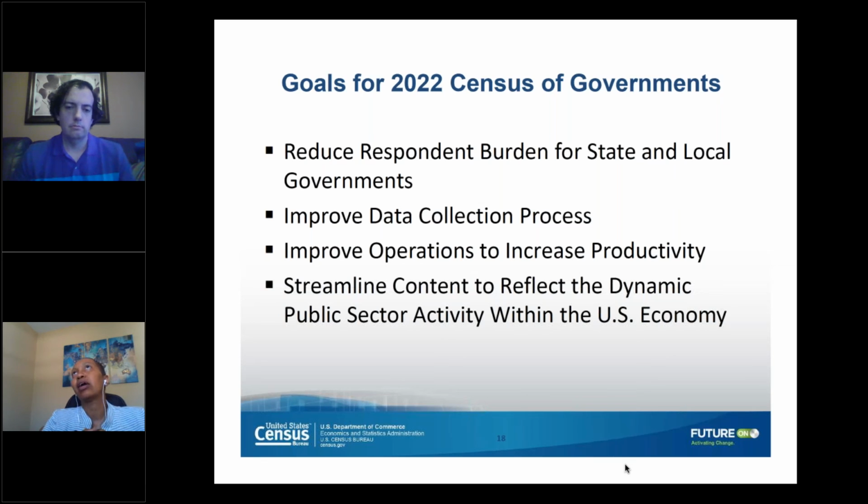We also want to streamline the content. Some of the content that we have doesn't quite accurately reflect how the economy is doing and the changes that the economy has made over the years.